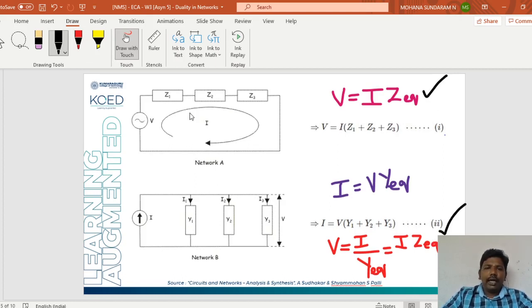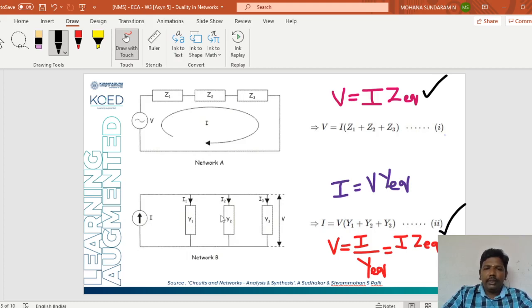Yes or no? That's why we are calling these two networks a dual network, because network A is one form of network B, or I can also say network B is one form of network A.